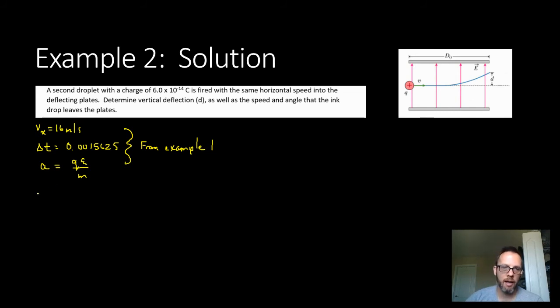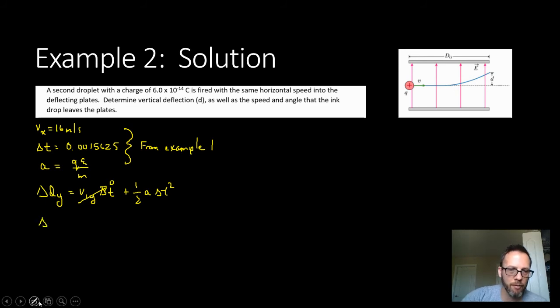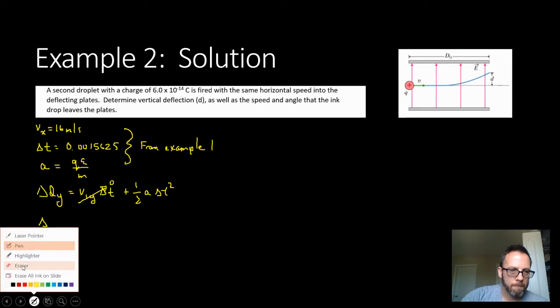We're going to again analyze things in the y direction. So delta dy equals v1y delta t plus 1/2 a delta t squared. Again, v1y is 0. That's nice. And I might actually just refer to that as d, like we have in the diagram.